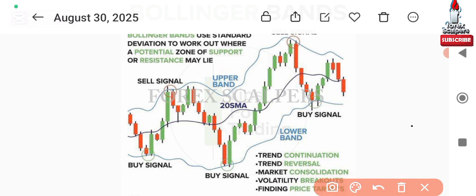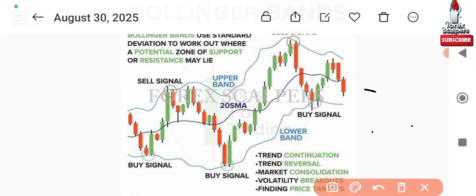All of these are benefits of the Bollinger Band, and this can be used effectively when combined with proper analysis of price direction. That is to say that you don't trade Bollinger Band in isolation.